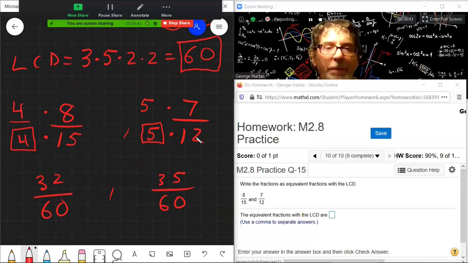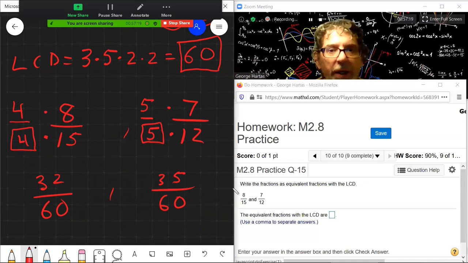We blew it up, we made it bigger. This one by a factor of 4 and this one by a factor of 5. By the way, this number here, the 5 and the 4, these will never be the same. They'll never be the same because the denominators are not the same. That's why these, up and down, they'll be the same. They have to be, right? So we don't mess up the ratio. But whatever this is, in this case 5, and whatever this is, they'll be different for sure.